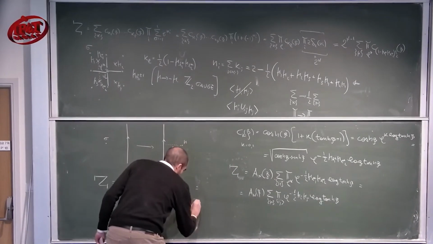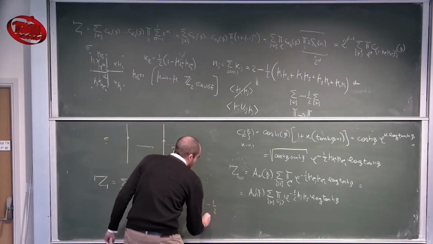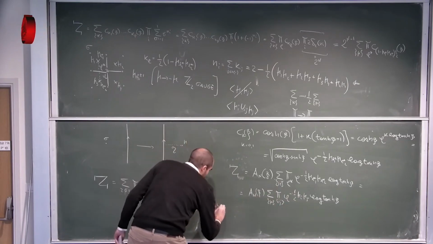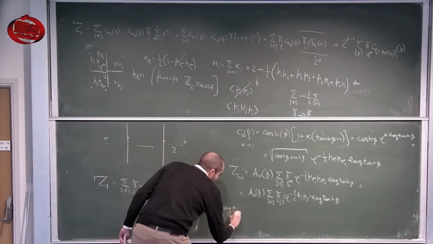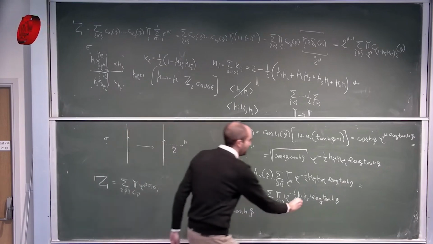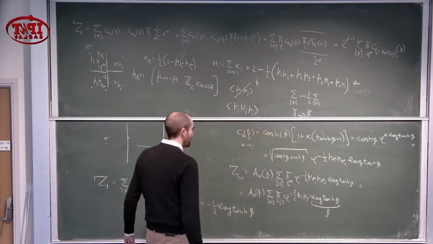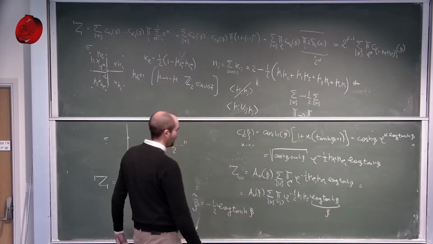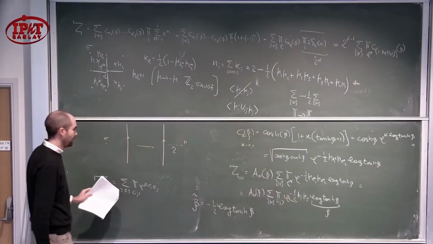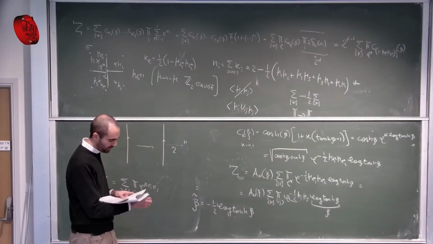So if the temperature of my original model was beta, now the new temperature of the dual model, beta tilde, is a monotonically decreasing function of the original one. And also including the minus 1/2, we have exactly the same partition function, modulo an important factor in front.